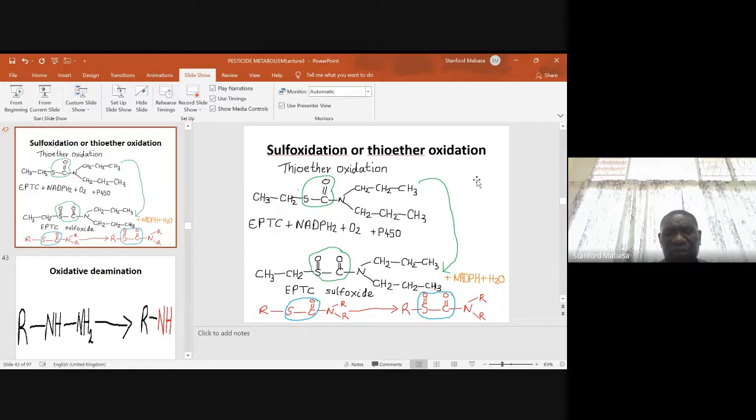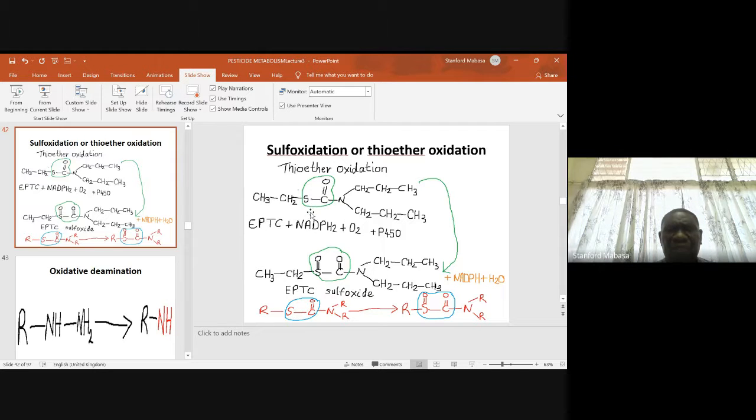Here, I also want to illustrate something to do with sulfoxidation or thioether oxidation on the herbicide known as EPTC, which is used to kill Cyperus in maize.